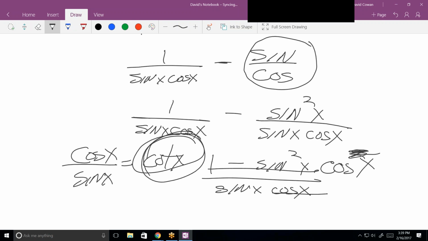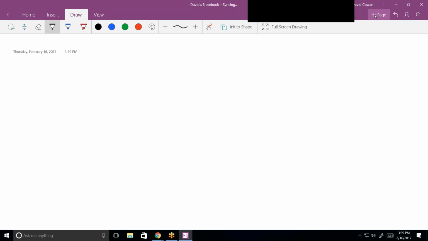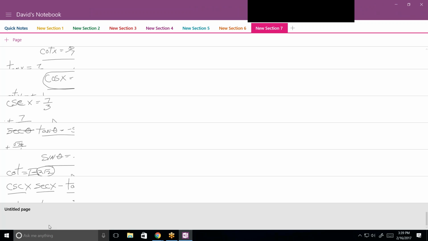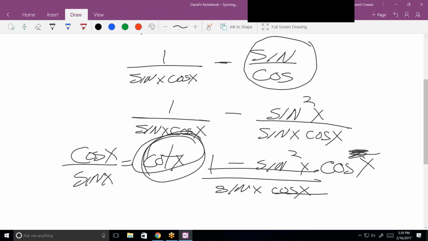And this is kind of the lead-in to verifying trig functions. This is the same process you have to do when you verify trig functions. In other words, they could have just as easily started this problem out by saying, let's make that equal to cotangent x and verify that.